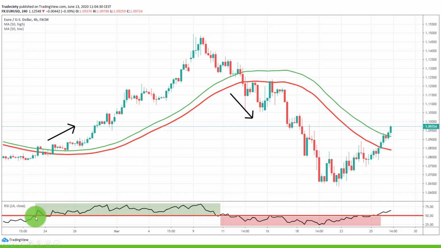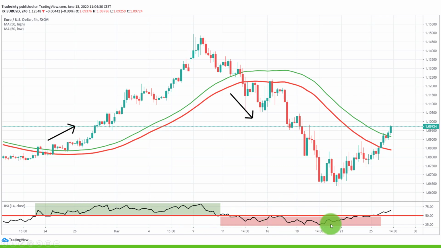Here I use the RSI again, and I have drawn a center level at the 50 level. What it does is separate the RSI into a bullish and a bearish area. Whenever the RSI is above 50, you are technically in a bull market.